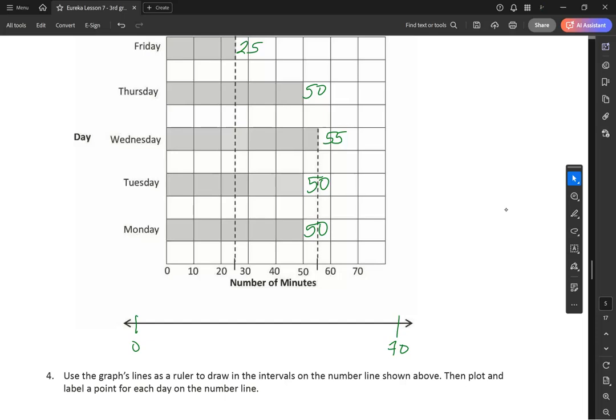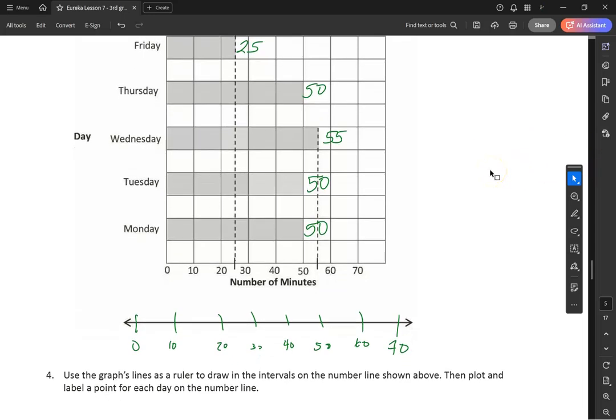So we have 1, 2, 3, 4, 5, 6 lines: 10, 20, 30, 40, 50, 60, 70. Okay. So now we need to label our number line.